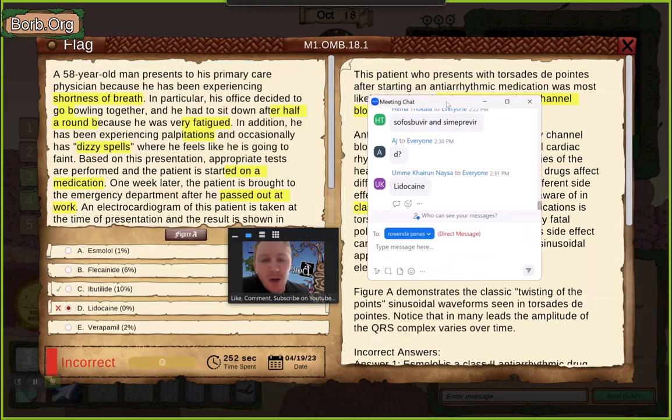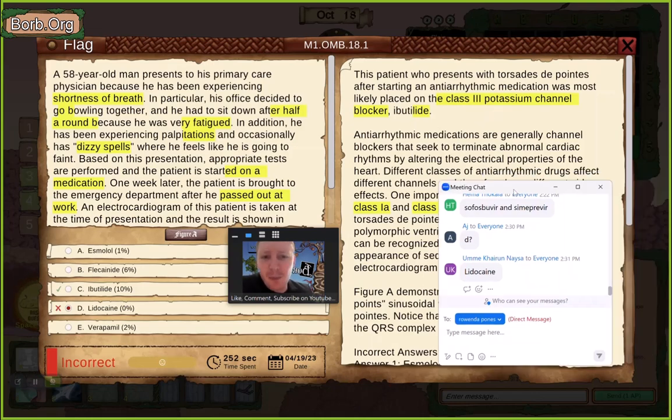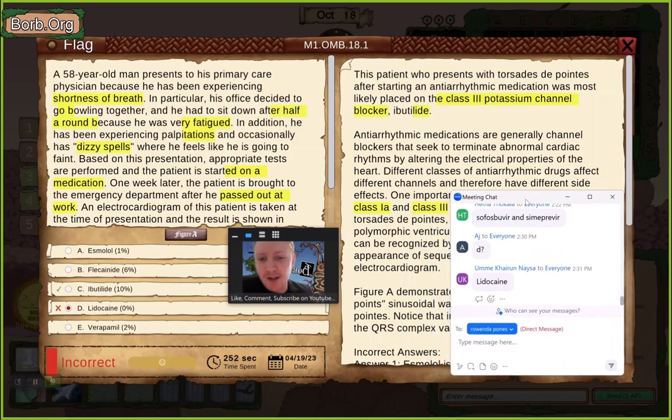And so what I would do is I would have two areas of memory for this one. I would say ibutilide is a potassium channel blocker. I would say that in my head. And then I would also say that it's a class 3. And I would just memorize that ibutilide causes torsades occasionally.